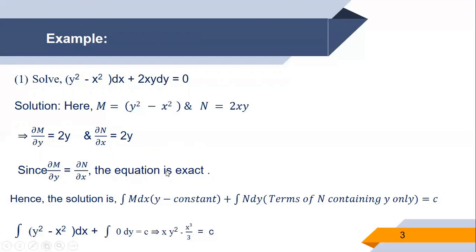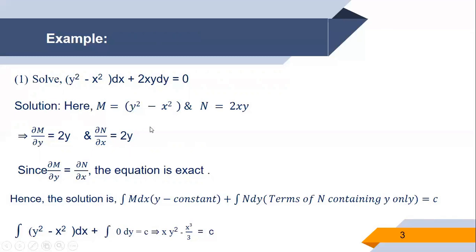Since the equation is exact, the solution form we discussed in the previous slide is integration M dx, y constant, plus integration of N dy, where N terms contain only y, is equal to c. So integration of M dx, M is y square minus x square dx.